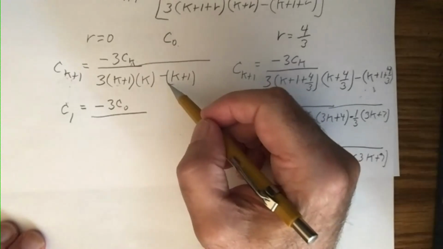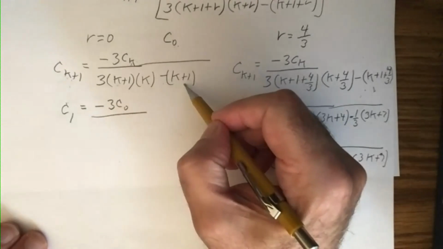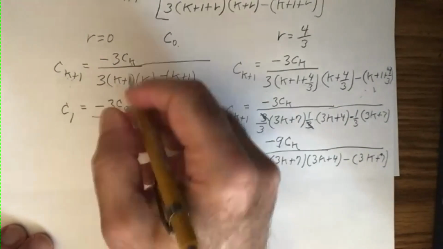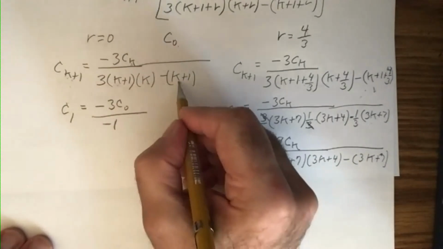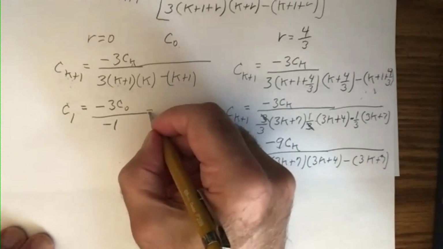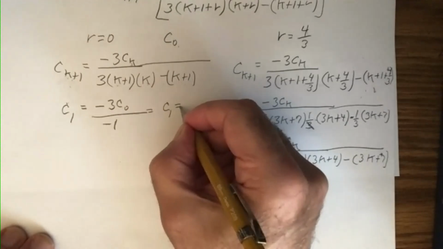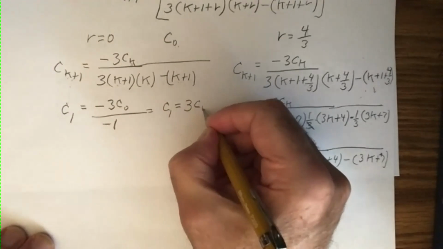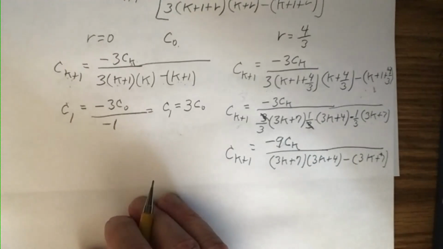Okay, and so this is going to be 0, and then this is going to be when I put 0 in here, so this is going to be -1, right? This is 0, right? And this is -1. So this is telling me that C1 is just going to be equal to 3 times C0, right? That's what C1 is, okay?